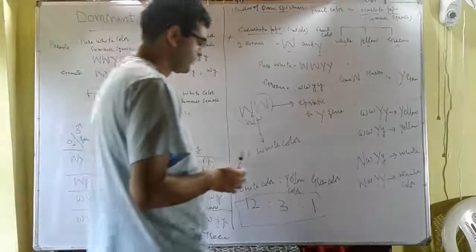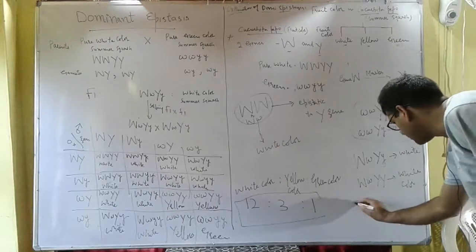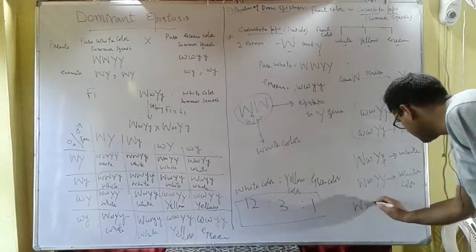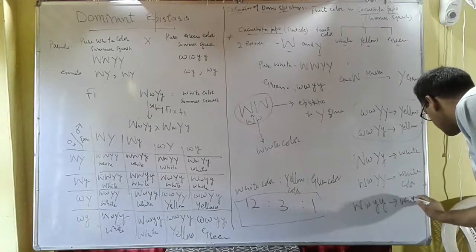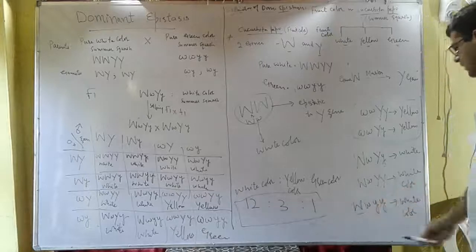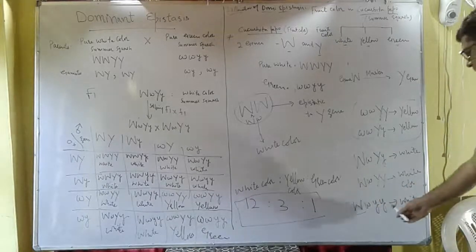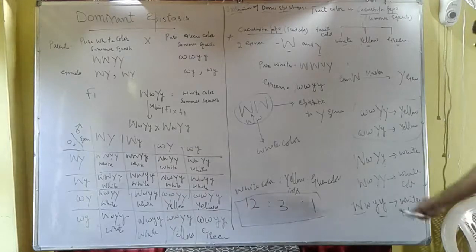If we take W, small w, and this condition, this is also white fruit color. Here the dominant gene W has suppressed the expression of the recessive allele small y. So still the white color is produced.